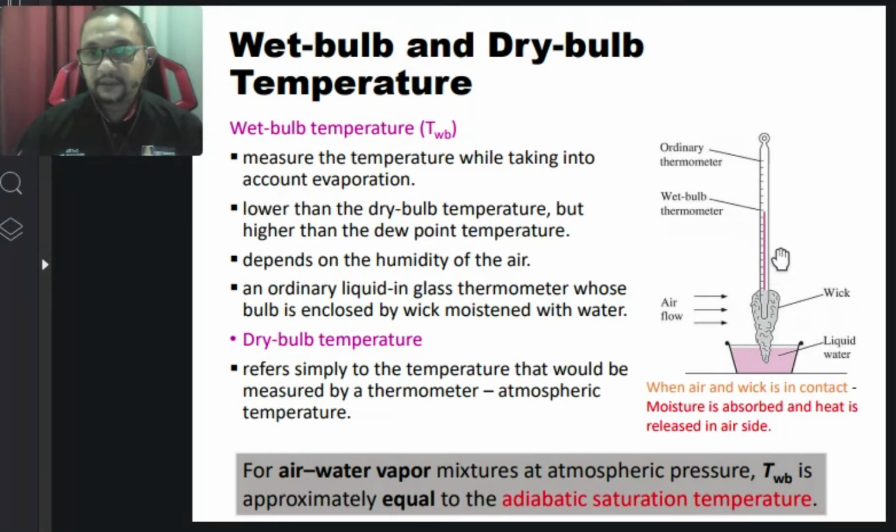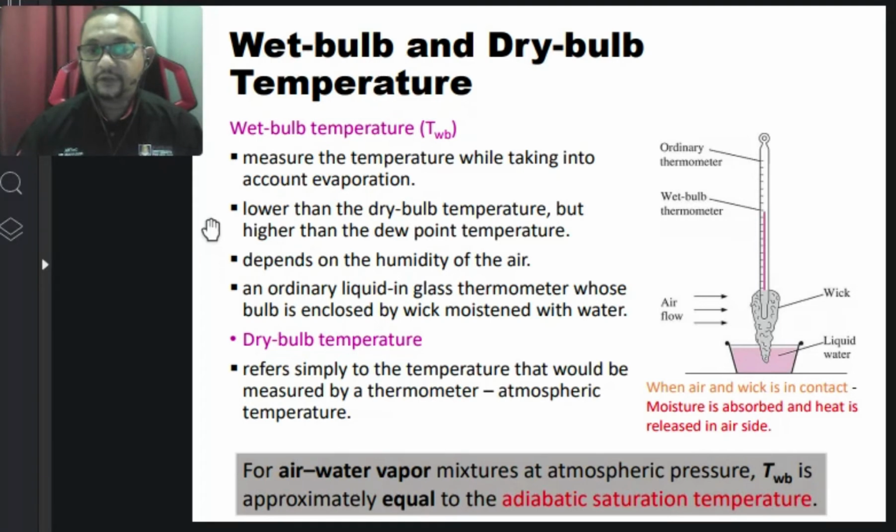So what is the wet bulb temperature? Denoted by TWB, it measures the temperature while taking into account evaporation. It is lower than the dry bulb temperature, but higher than the dew point temperature, so it depends on the humidity of the air.